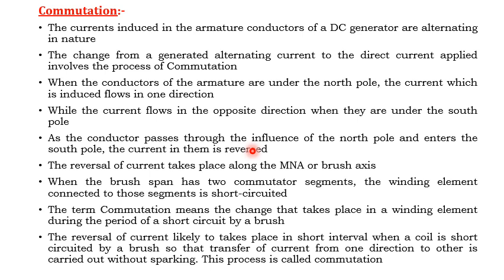Each brush has two commutator segments, and whatever winding element is connected to these segments is short circuited. Commutation means the changes that take place in a winding element during the period of short circuit by a brush.